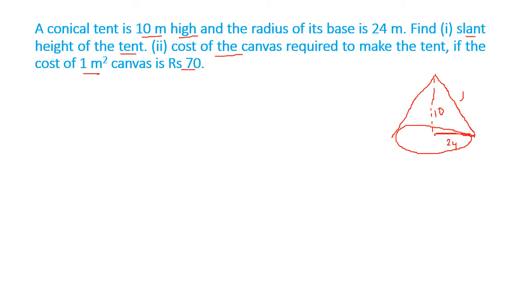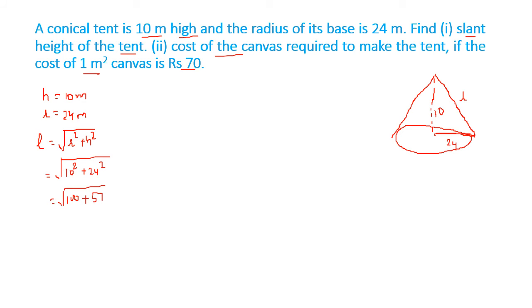First we'll find the slant height L. The formula: we have got h equal to 10 meter, r equal to 24 meter, L equal to under root r square plus h square, equal to under root 10 square plus 24 square, equal to under root 100 plus 576, equal to under root 676, equal to 26. So L equal to 26 meter.